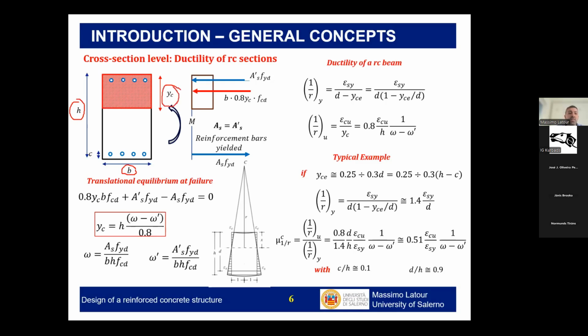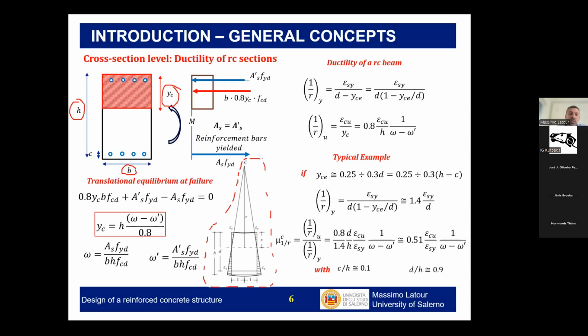Given the position of the neutral axis, we are able eventually to calculate this position by means of a translational equilibrium at failure. Let me focus for a second on this diagram to highlight a very important property.